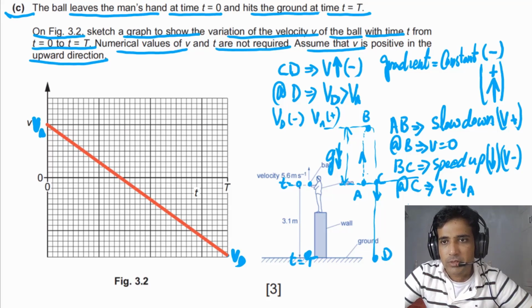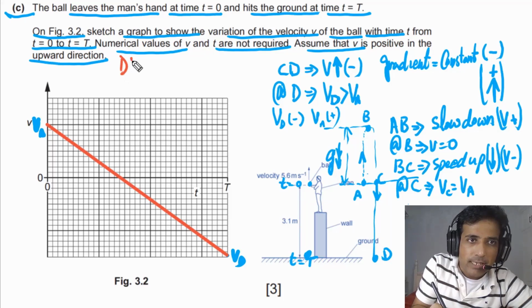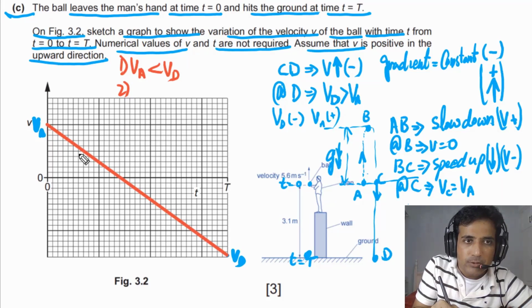This question has 3 marks. First mark you will get if you have shown that VA is less than VD in magnitude. The second mark you will get if the gradient is constant and negative, meaning gradient has only one value.